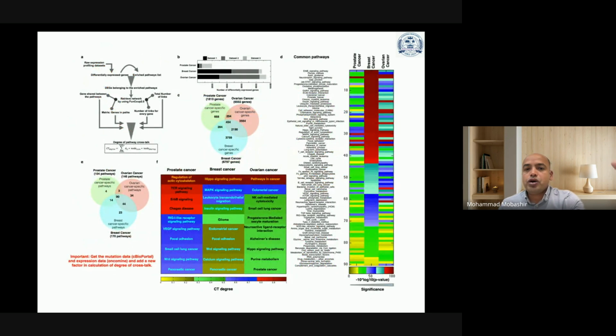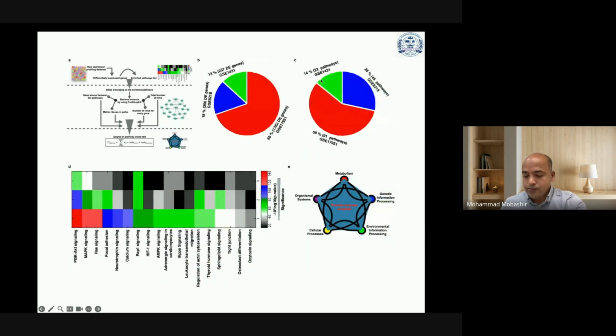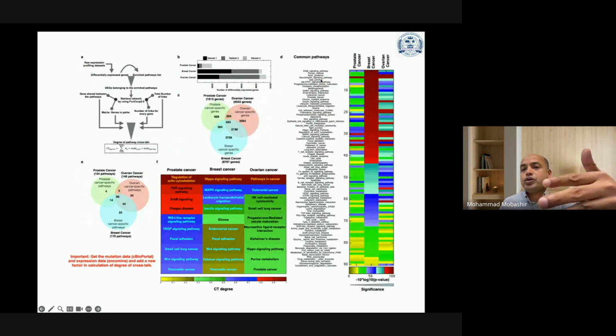Now, if you want to see in terms of workflow, the basic analysis, like how many genes were differentially expressed, how many pathways were enriched, and what are the p-values of different pathways in different cancers, and that means how significant they are, and overall how we could represent them with their p-values.